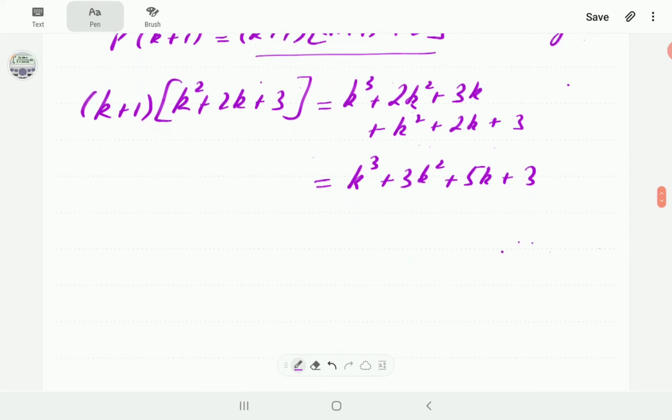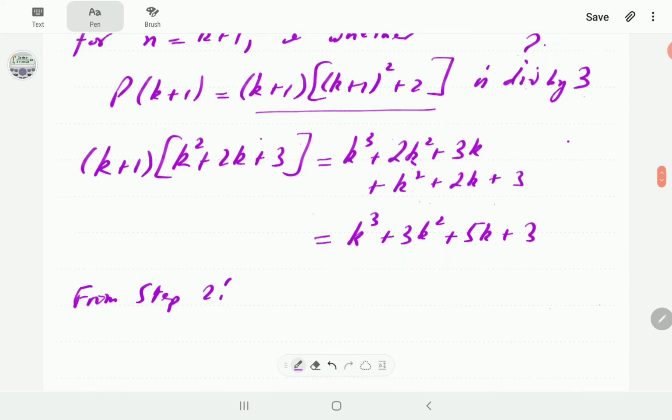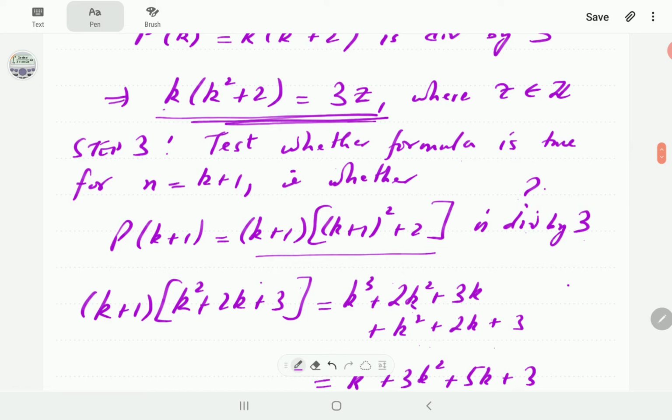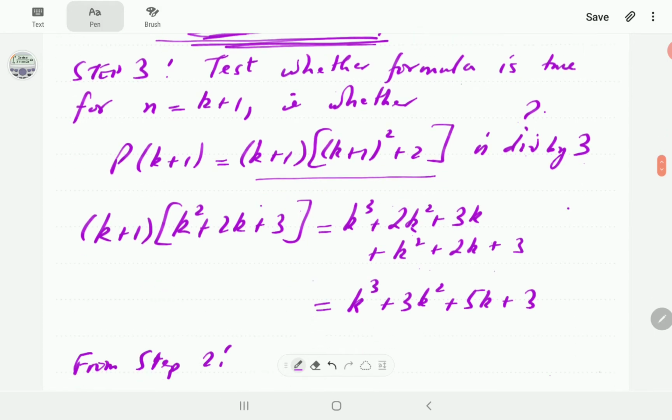Now, always what we do is we prove this using step 2. So from step 2, we are going to remove brackets here.